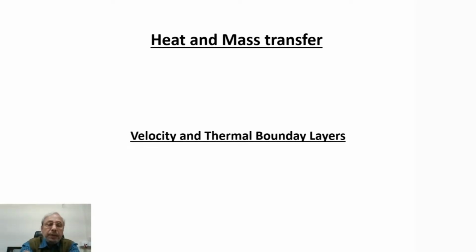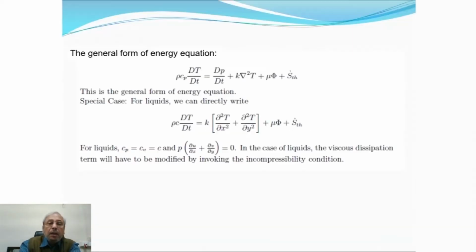Good morning, everybody. Today we will discuss velocity and thermal boundary layers. Now, if we recall, in the last class, we derived the general form of the energy equation, which is valid for compressible as well as incompressible flows.